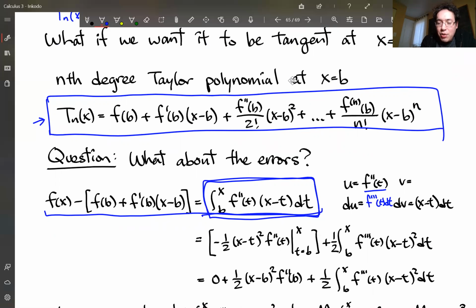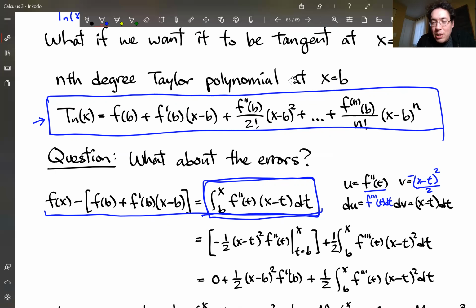And the antiderivative of x minus t, again I'm taking the antiderivative with respect to t, is negative x minus t squared over 2. You can reverse engineer it: if you take the power rule, you'll get x minus t.